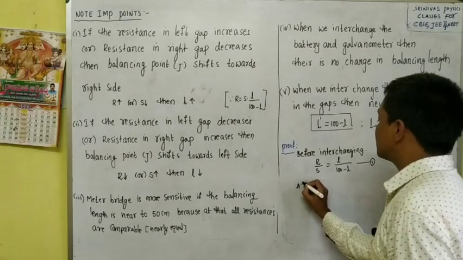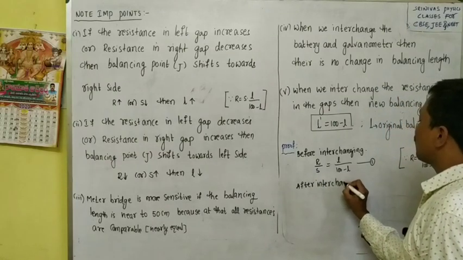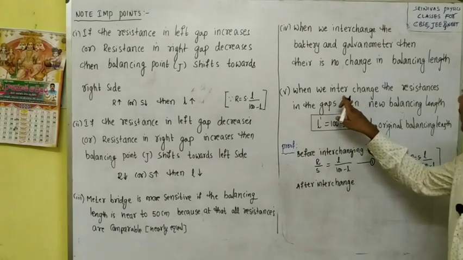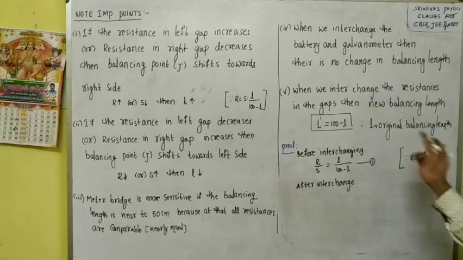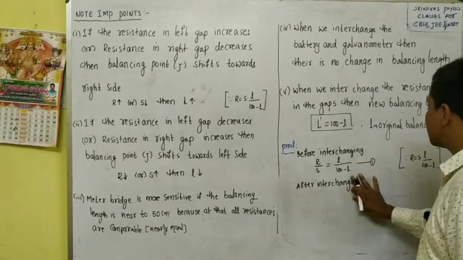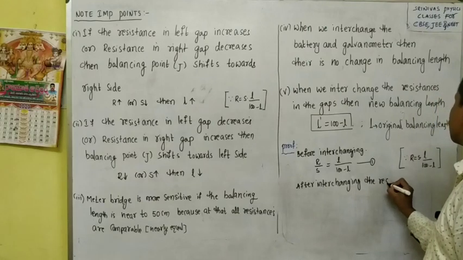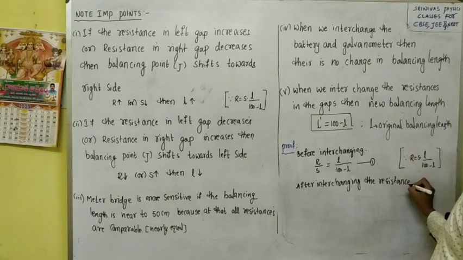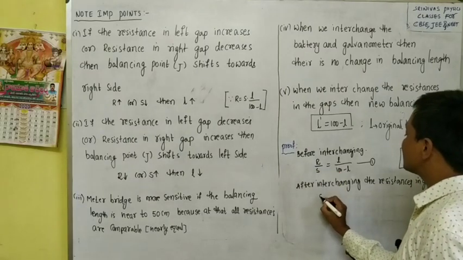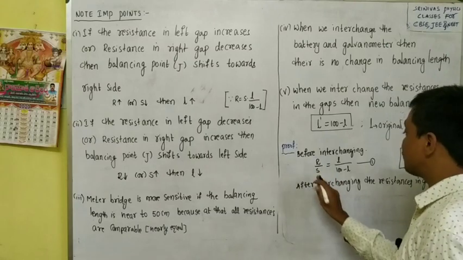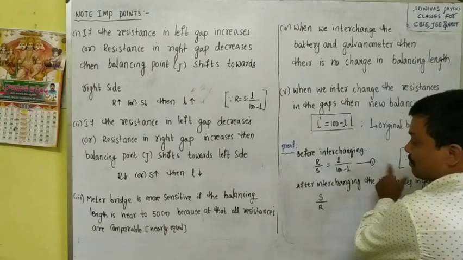But after interchanging, what are we interchanging? We are interchanging the resistances in the gaps, meaning the right side resistance will become left side and the left side will become right side. After interchanging, R becomes S, because in place of R we will connect S, and in place of S we will connect R. R is on the left side first, S is on the right side, but we are changing.